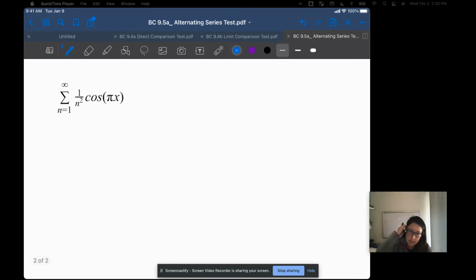Okay, the last one is, oh, this is the second to last. So the sum from n equals 1 to infinity of 1 over n squared times the cosine of pi x. I do not know what's happening here, so I'm going to expand it. We start with n equals 1, so 1 over 1 times the cosine of pi plus 1 over 2 squared times the cosine of 2 pi plus 1 over 3 squared times the cosine of 3 pi.